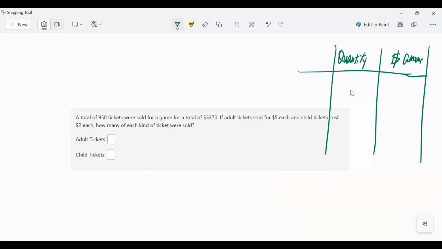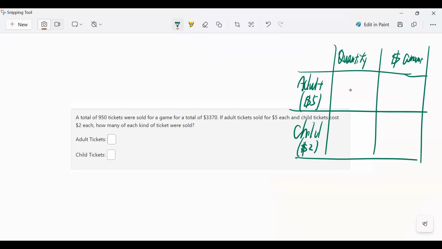I have 2 types of tickets. The adult ticket is $5 each, and the child's ticket is $2 each. First of all, we can assume we have x adult tickets sold and y child tickets sold.